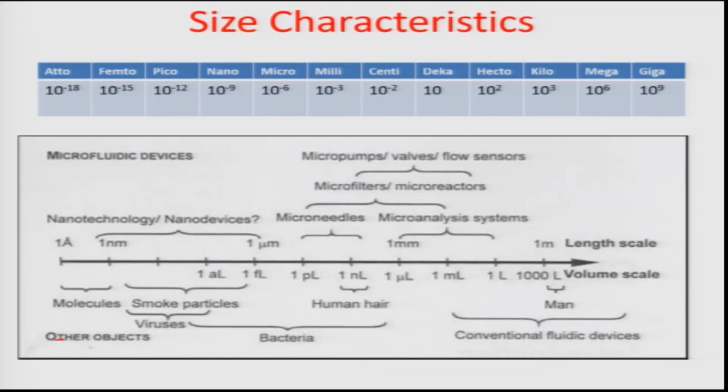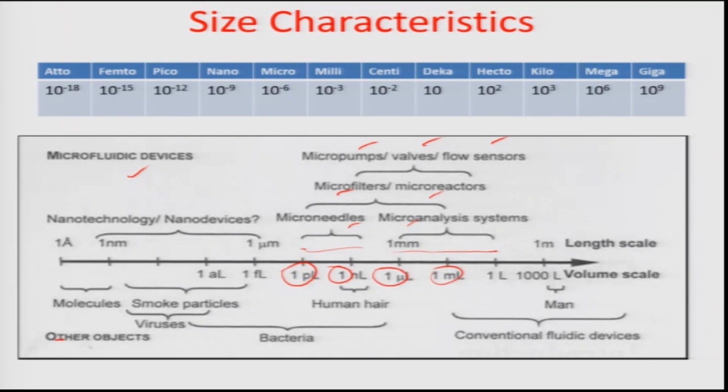When we look at size characteristics of various microfluidic devices, there are micro pumps, valves, flow sensors, microfilters, microreactors, microneedles, microanalysis systems, and so on and so forth. And they all fall within the length zones which are mostly starting from the millimeter range going into the sub-millimeter region. And if I consider the kind of volumes they handle, they go from 1 millimeter onwards downwards to almost about 1 picoliter.